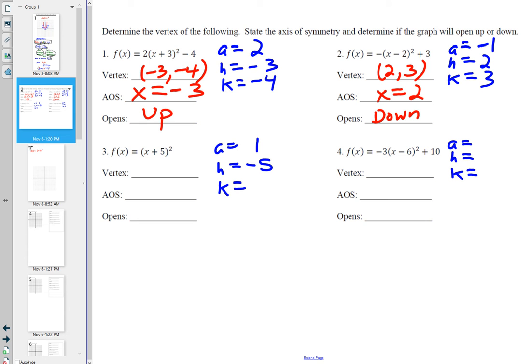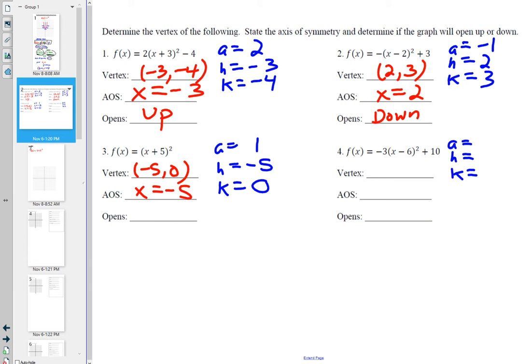And then k is? Oh, wait, I don't see a k. Nothing's being added or subtracted. So where is the vertex? (-5, 0). And x equals -5.